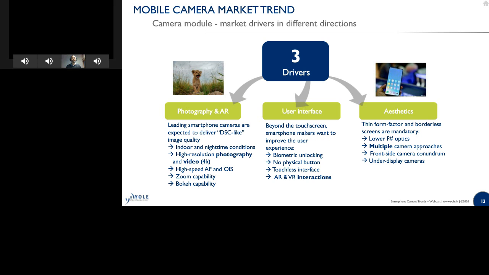It is to be able to integrate the camera flawlessly into the smartphone. So the aesthetics is super important. And last, to use those cameras as a user interface, this is the 3D sensing and also the optical fingerprint under display type of cameras. So this is the last driver, very important especially last year.